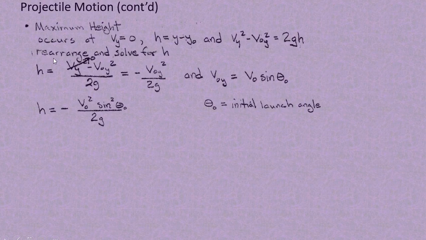So if we rearrange this last expression to find height, we're left with the height is equal to v sub naught y squared divided by 2g.